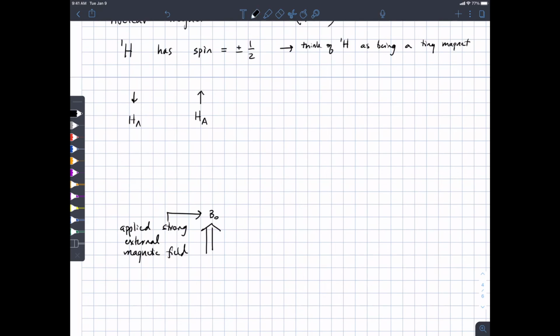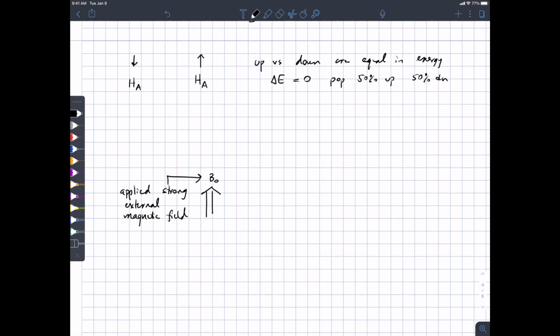It doesn't matter, right? They're degenerate. The difference in energy between the two is equal to 0. So the population should be something like 50% up and 50% down.